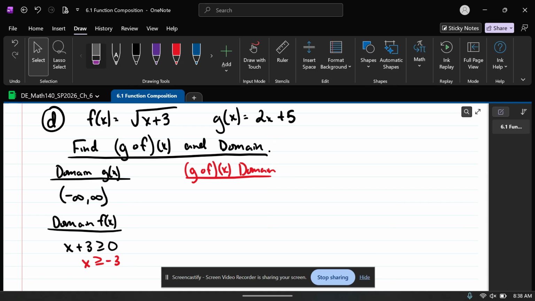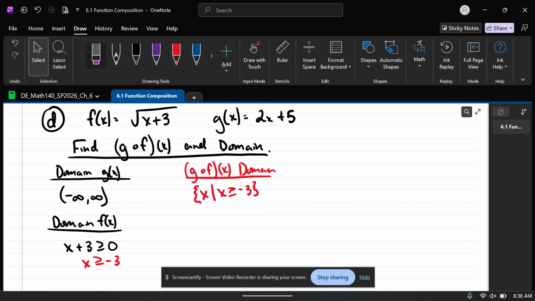If the first one had restrictions, then we'd have to go and do that extra work. In this case, g of x is first, and it doesn't have restrictions. I don't have to do the extra work. This is going to be my only domain: x has got to be greater than or equal to 3, negative 3, excuse me. So there's my set notation.